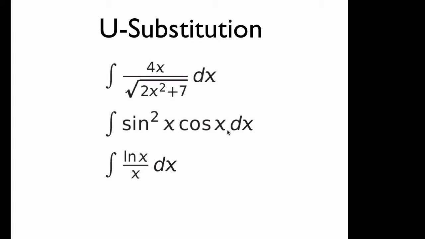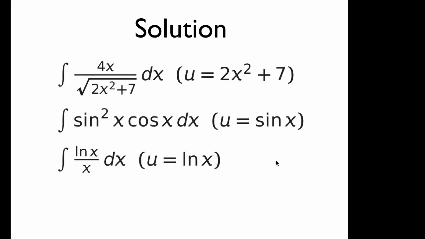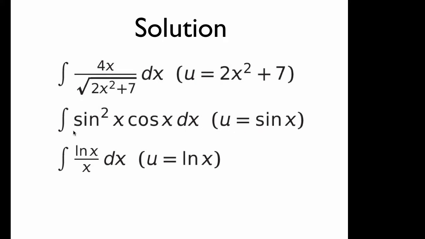So here, something like this, you would let u equal sine x, not sine squared, because the derivative of u is cosine x. So your problem would end up being u squared du, which is fine. This last one, you'll see lots of variations of ln x over x.